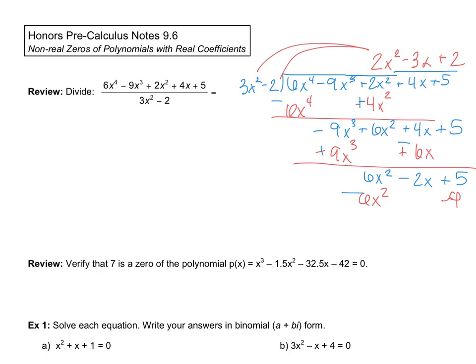And then I subtract, which is really adding that, and I get negative 2x plus 9. So we're done, and we have this right here, which is our quotient. And this down here is our remainder, r of x. So that's just a brief review on polynomial long division. We will need to use that here in a little bit.